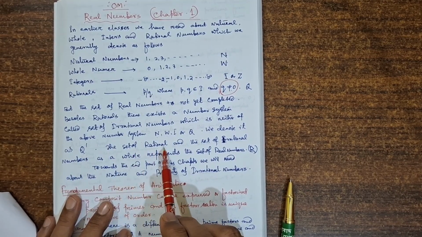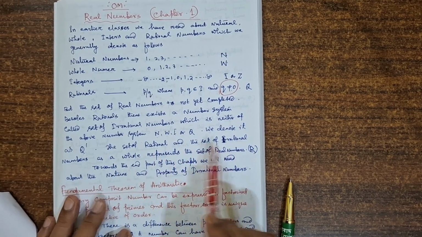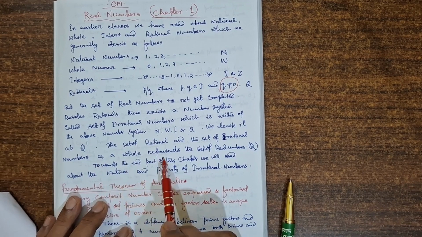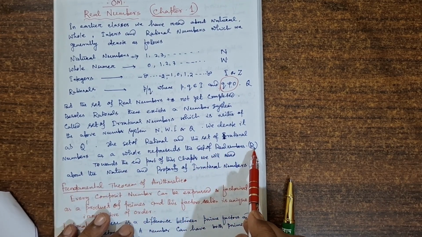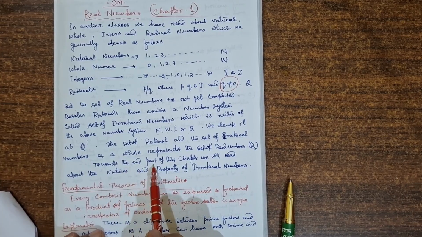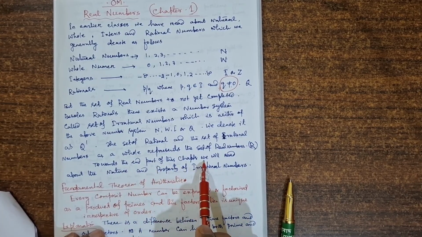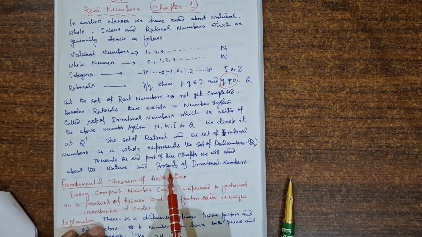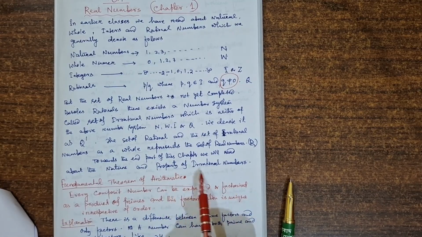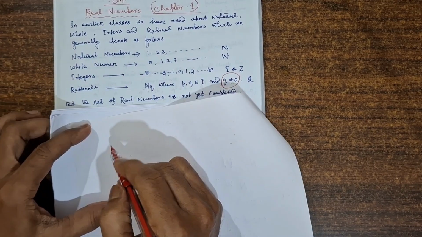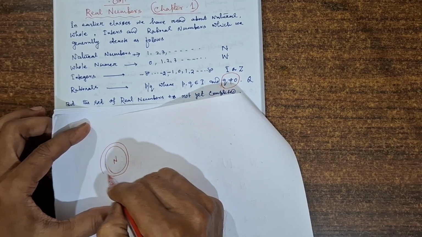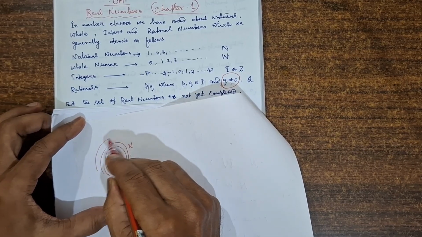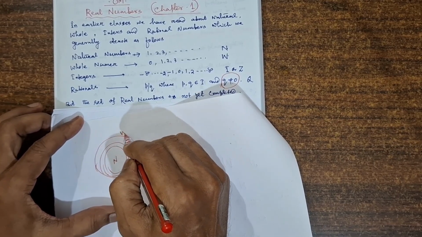The set of rational and the set of irrational numbers as a whole represents the set of real numbers, denoted as R. Towards the end of this chapter, we will read about the nature and properties of irrational numbers.